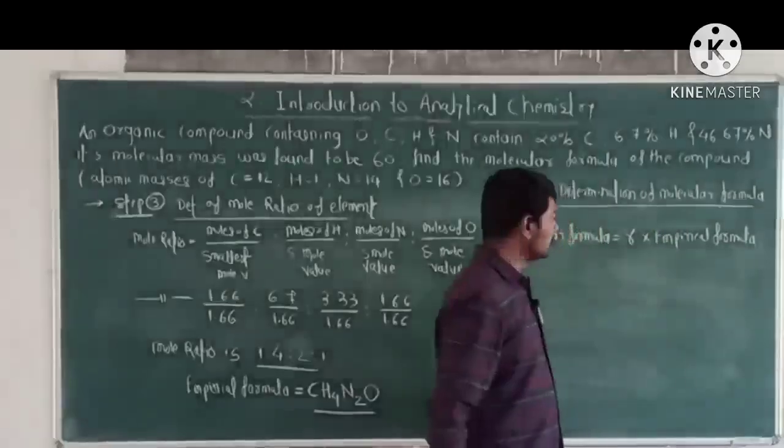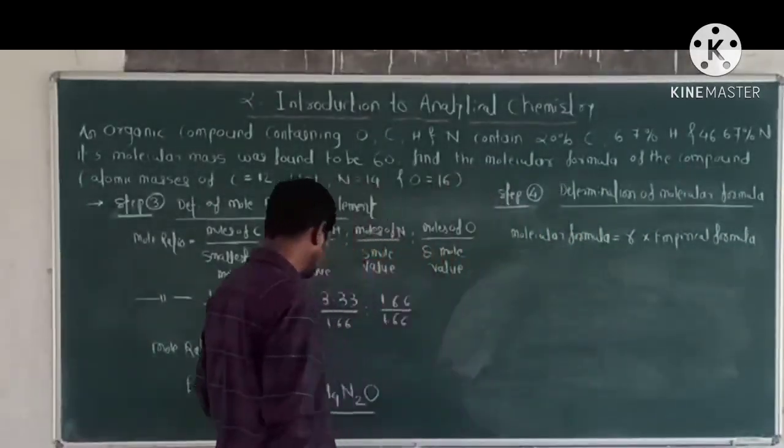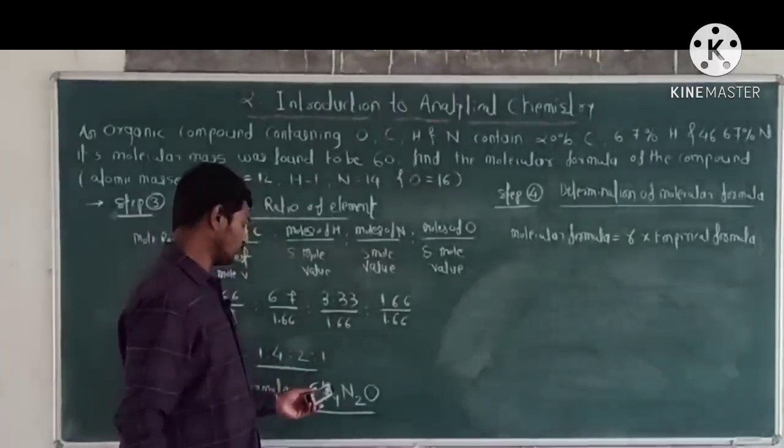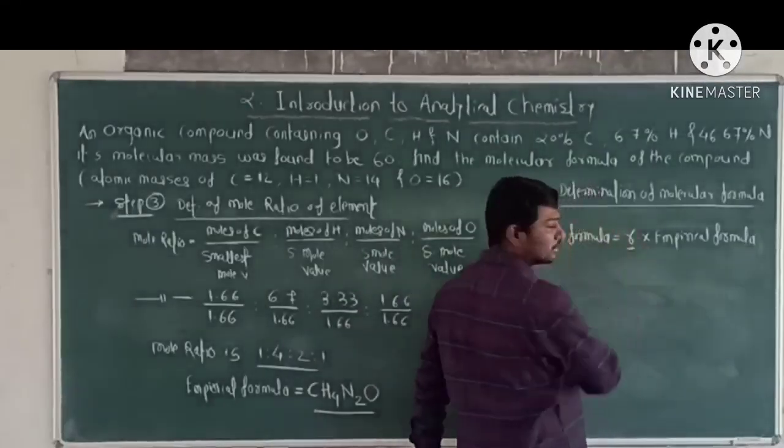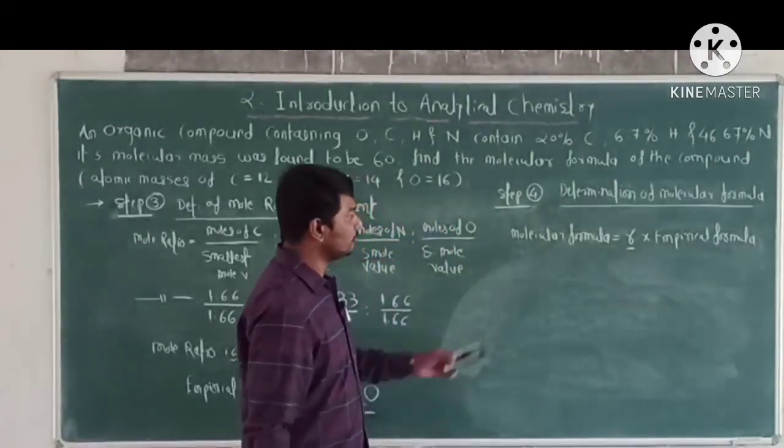Now the empirical formula is CH4N2O, but R is not given in this numerical. So first of all, find out the R.